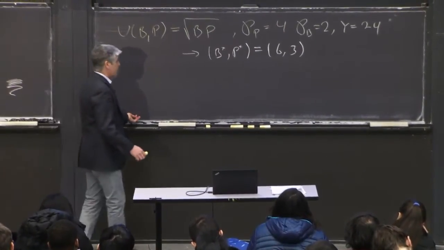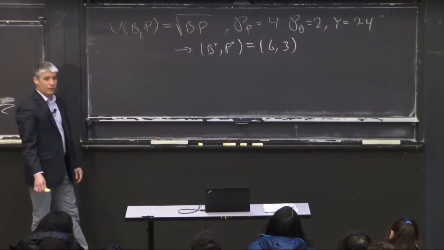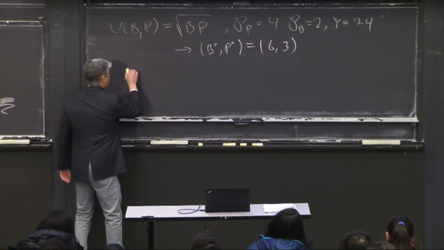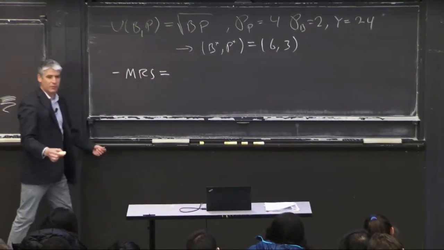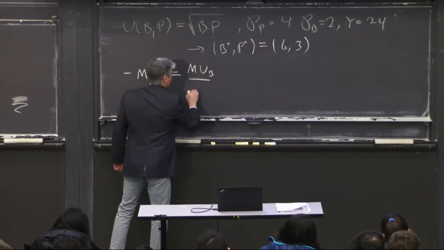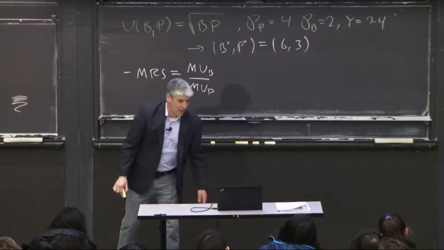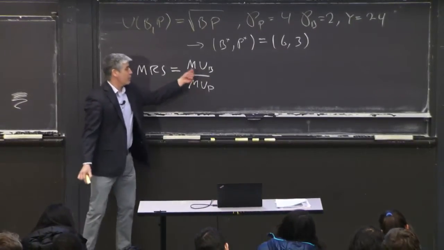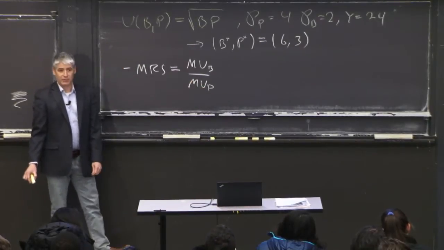So to do that, let me write down the equation that says the marginal rate of substitution equals the marginal rate of transformation. To compute it, let's do the negative of the marginal rate of substitution so that I've got the marginal utility of b over the marginal utility of p. Okay. I'm going to do this thinking of root beer as being on the horizontal axis, so I'm putting MUB on top, right, and pizza on the vertical axis, MUP on the bottom.